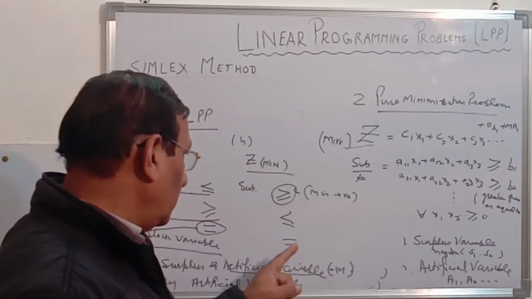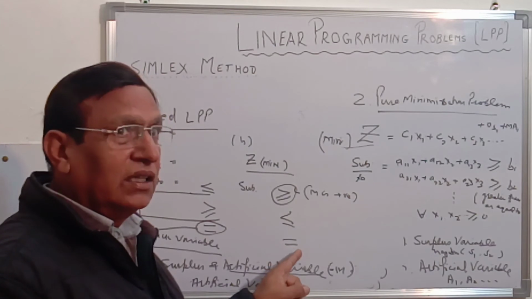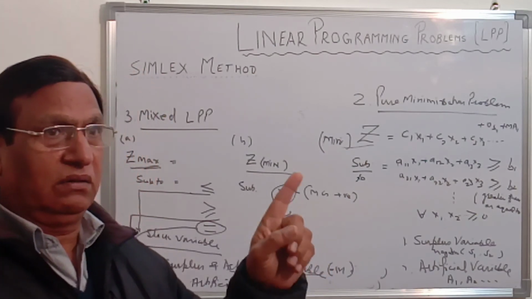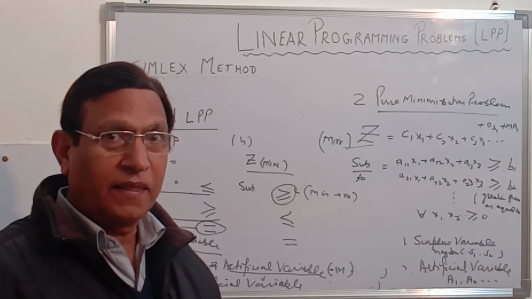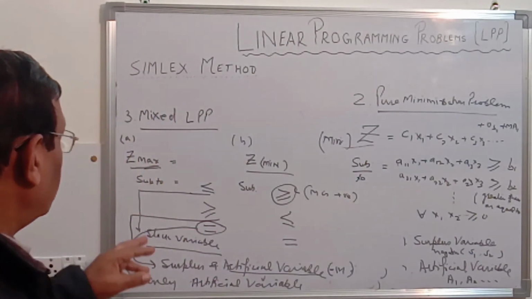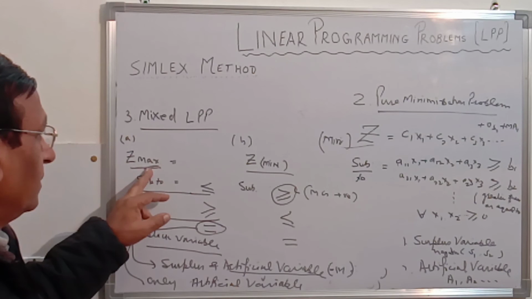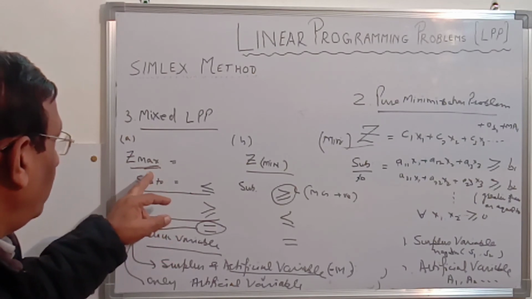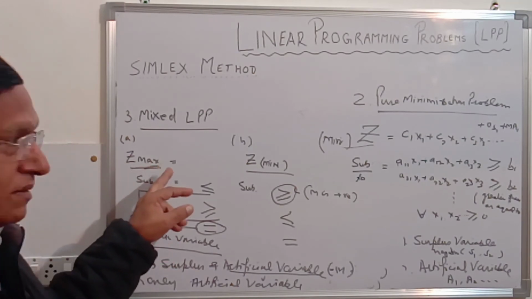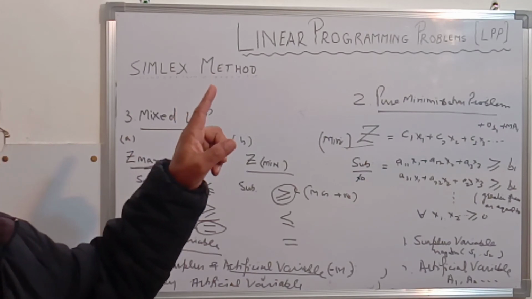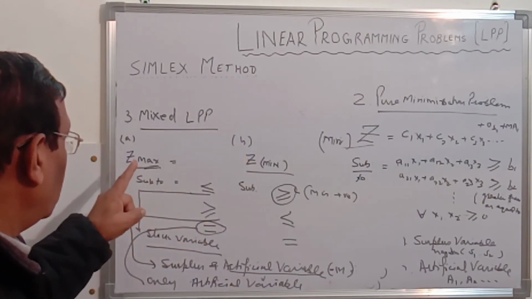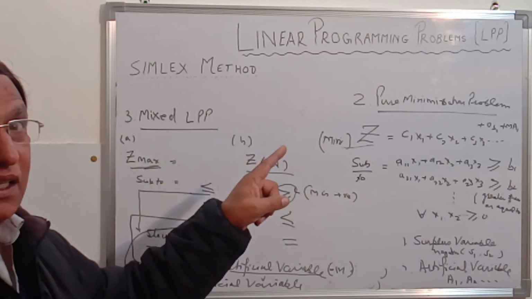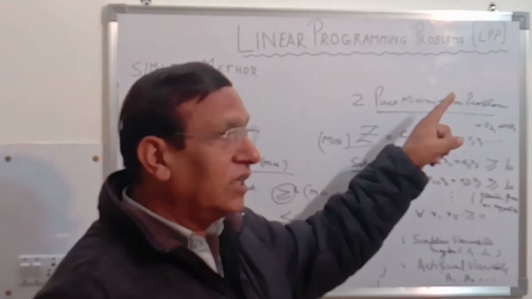And if the equation is exactly equal to, then use only artificial variable, no slack variable. Secondly, if your objective function is maximum, then your M will be minus in the objective function. And if your Z is minimum, then your M will be plus in the objective function.